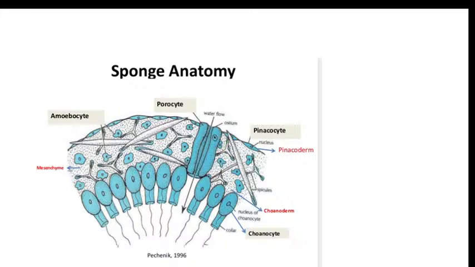The water comes from outside and enters into the body of the sponge through the porocytes. The opening of the porocyte is called the ostium. Water enters into the spongocele. Near the spongocele you can find the choanocyte cells, and from the water, the food particles enter the choanocytes and are digested by them.